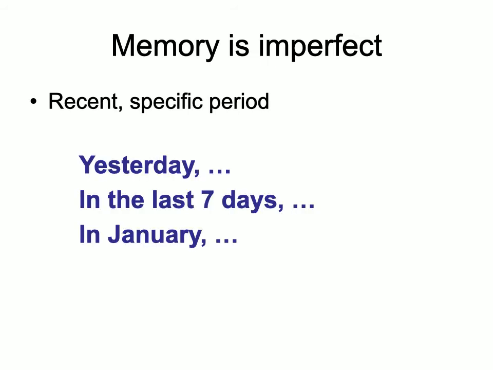And so asking, yesterday, did you exercise? Or in the last 7 days, did you buy salt? Or in January, have you gone shopping? Right? So these are ways to limit and to look at things that people are more likely to remember.